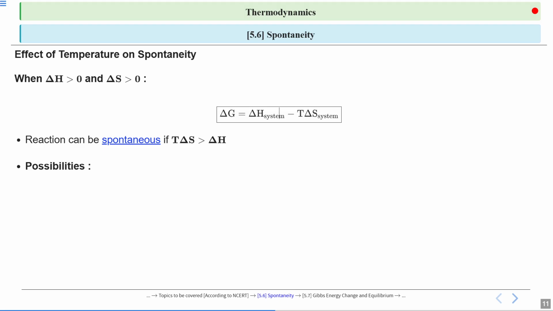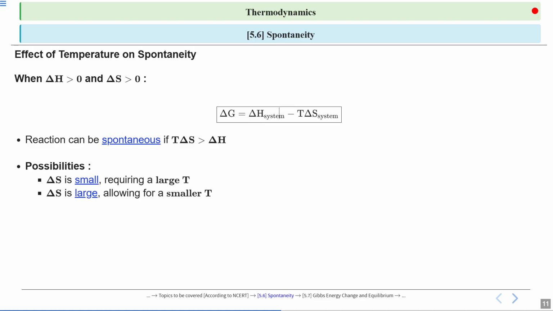Now, what are the possibilities? First possibility: if your delta S is small, and you want a greater value of T delta S, two possibilities are there. Either your temperature is high or your enthalpy change is high. In the first case, the entropy change is low, so to keep the process spontaneous, we have to increase the temperature.